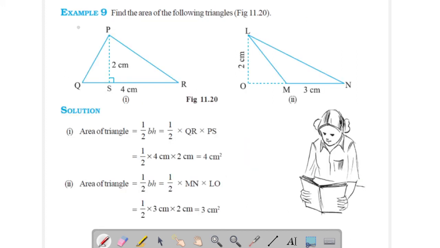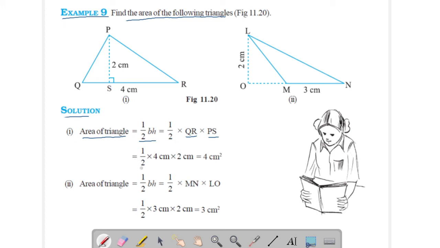Now come to example 9. Find the area of the following triangles. See the solution. In the first figure, it is a triangle. The area of a triangle is given by half base into height. Here in this figure PQR, the base is QR and the height is PS. Put its value.